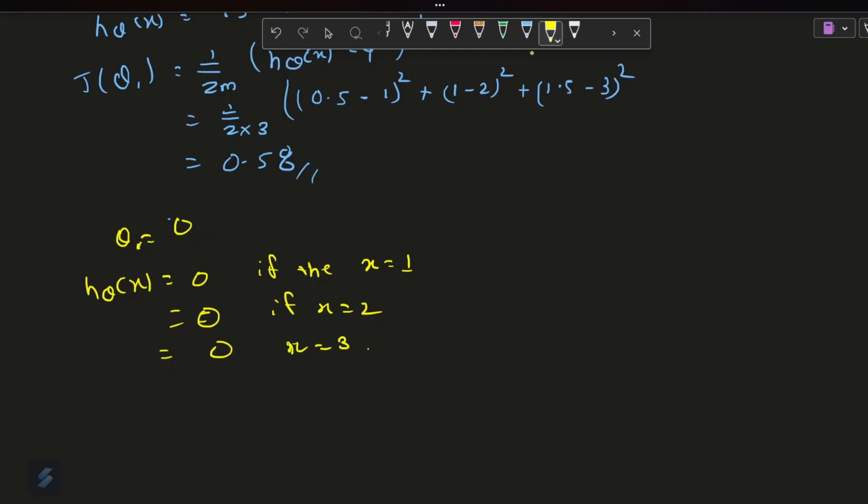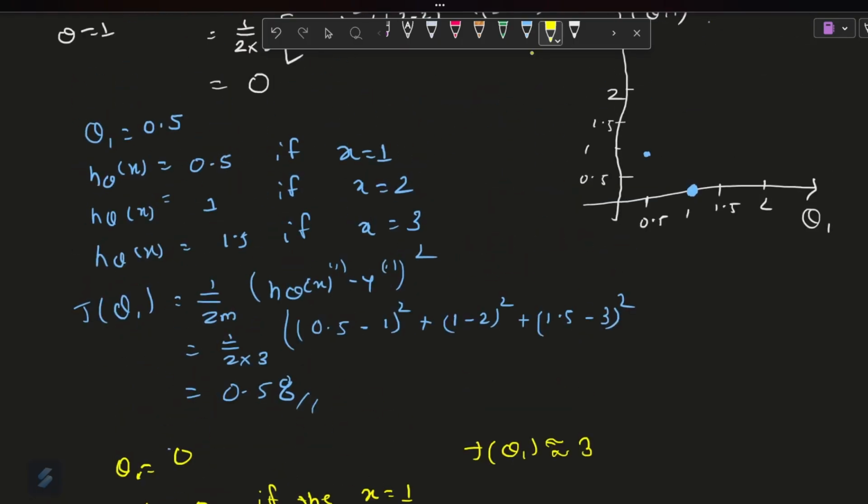In that case, we can calculate the J theta cost function. When you calculate the cost function, it is approximately 3, right? We calculate the small thing because this video is too long.